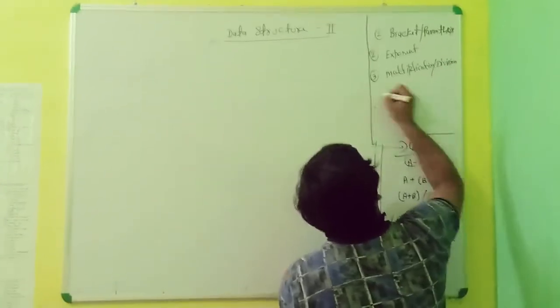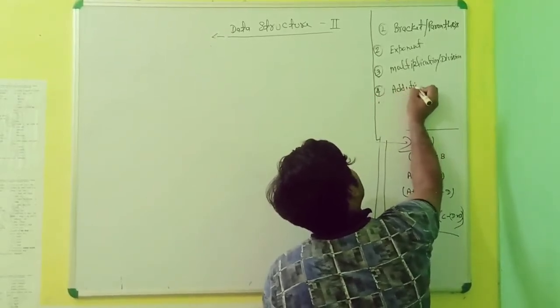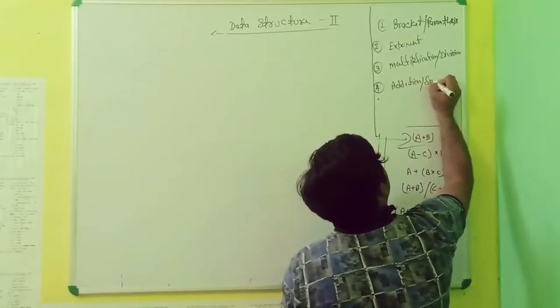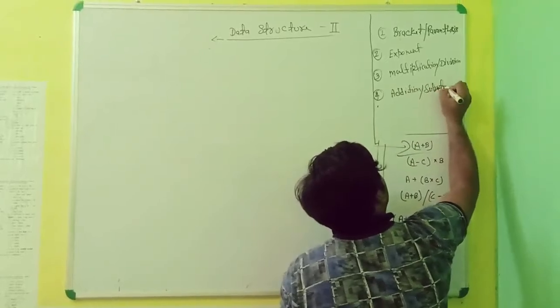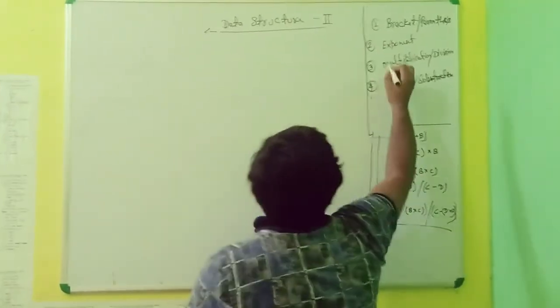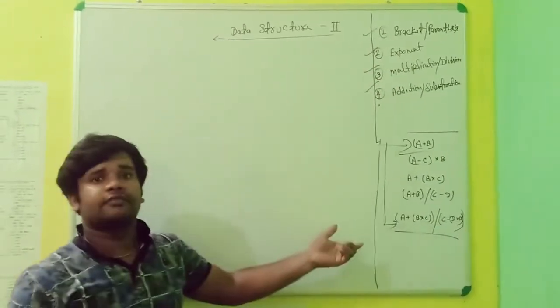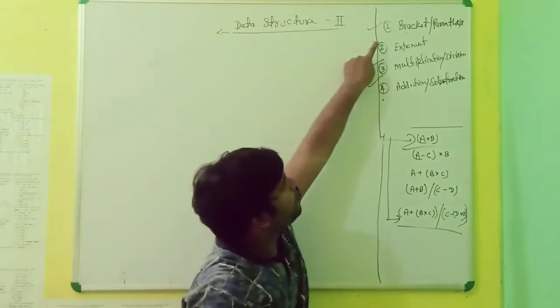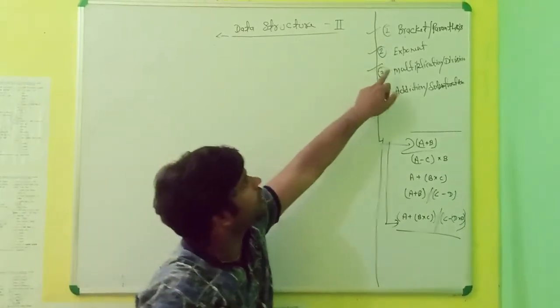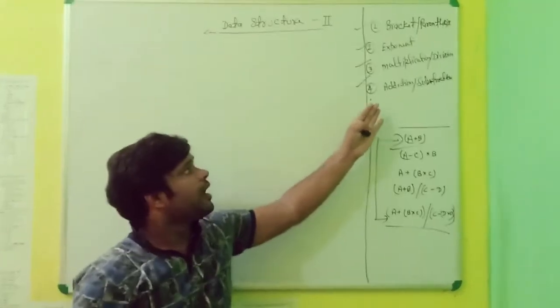At last, addition or subtraction. So these are the order of priority in which we have to consider the operators. First, bracket or parenthesis. Second, exponent. Third, multiplication or division. Fourth, addition or subtraction.